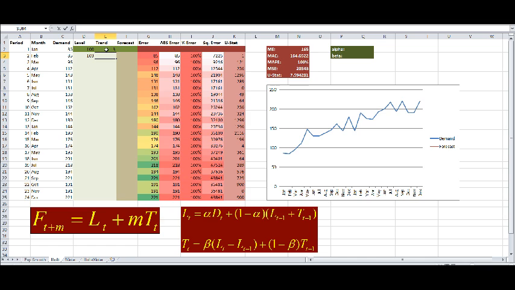Now trend equals beta, so it's a value we don't have yet.